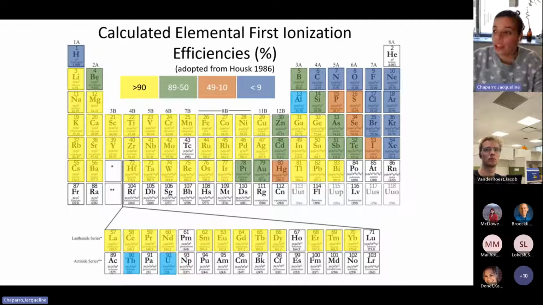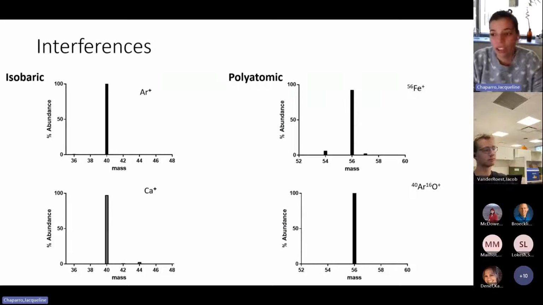So another issue with ICP-MS in terms of things that you need to consider is interferences. There are two forms that you could find in ICP-MS, called isobaric interferences and polyatomic interferences. Isobaric interferences are, for example, when you're interested in measuring calcium, and the most abundant isotope is calcium at mass 40.